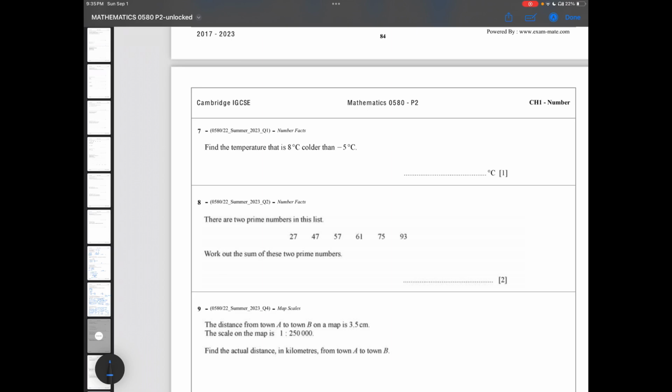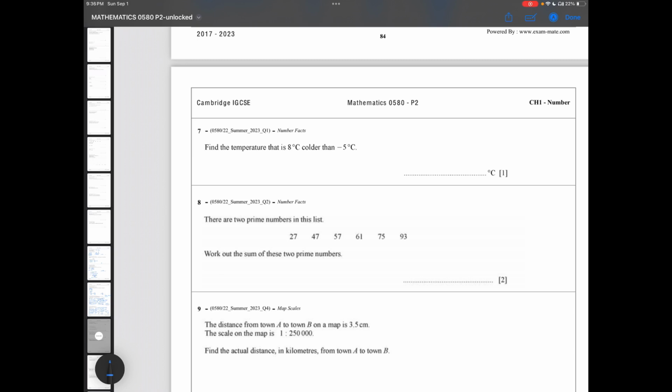It says, find the temperature that is 8 degrees Celsius colder than minus 5 degrees Celsius. So if the temperature is colder, it means we will have to subtract the temperature. Over here, the temperature is minus 5. We need to find the temperature colder than minus 5.